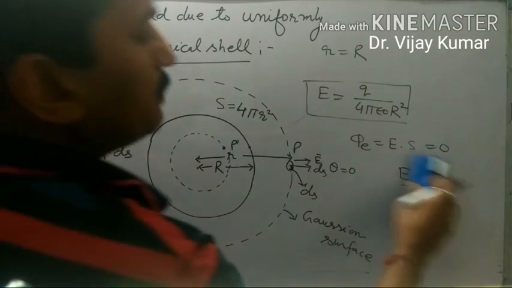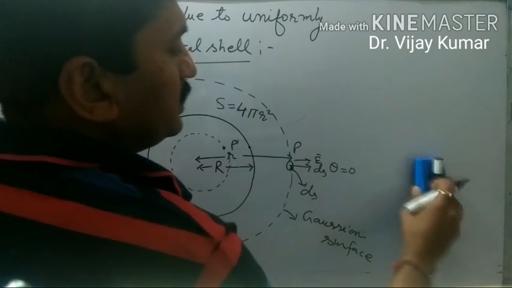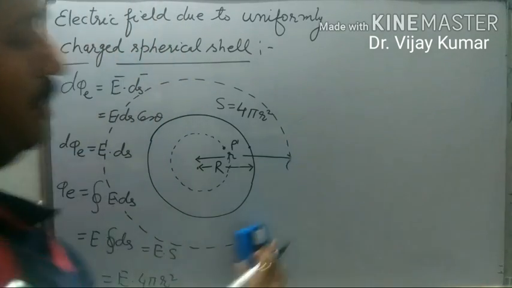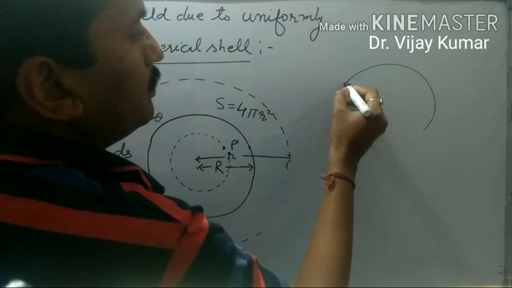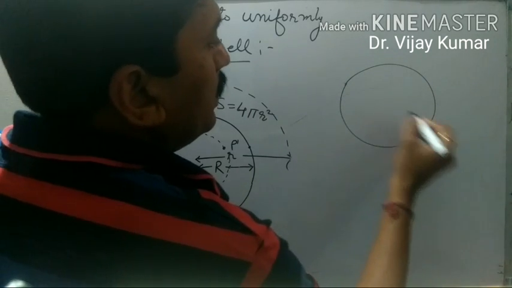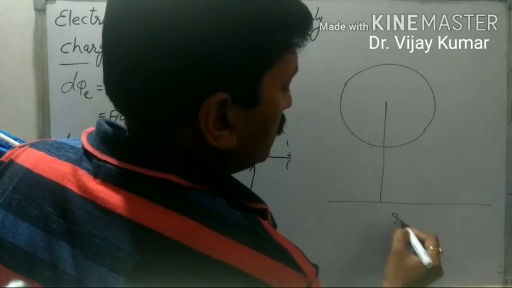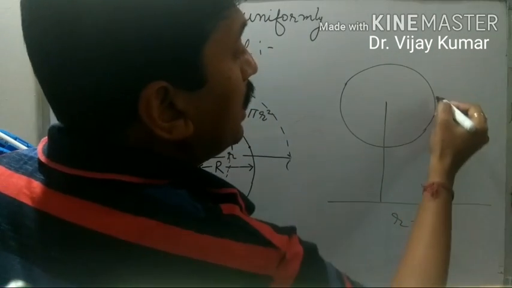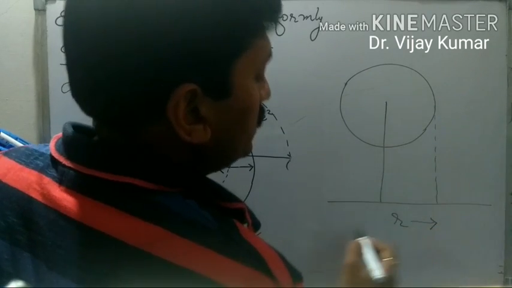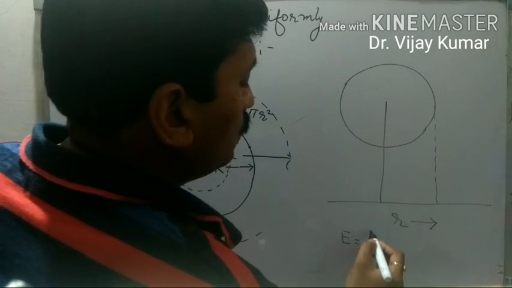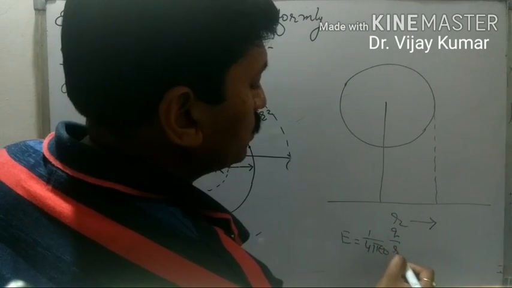If we want to determine the variation of electric field around the spherical shell, suppose this is the spherical shell, its center and R. Outside the spherical shell, the electric field is E equal to 1 upon 4 pi epsilon naught Q upon R square.